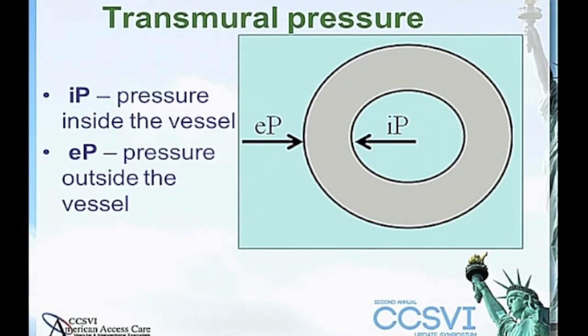In the upright position the transmural pressure, this difference between pressure from outside and inside, goes negative, and therefore such a vein collapses.